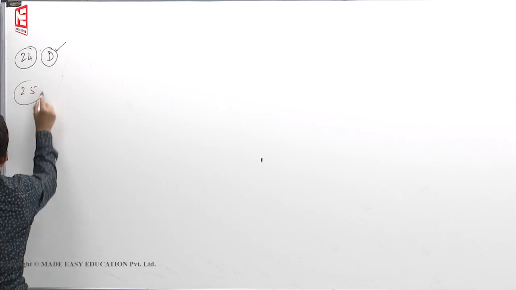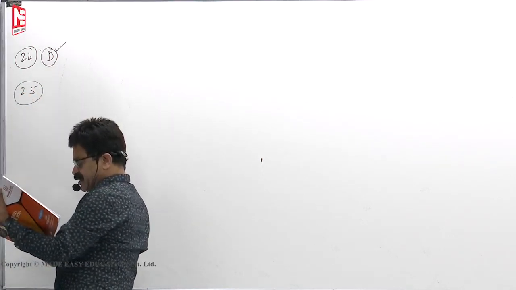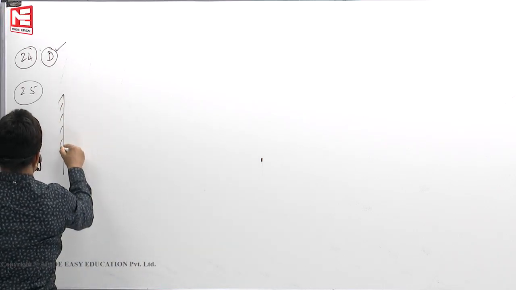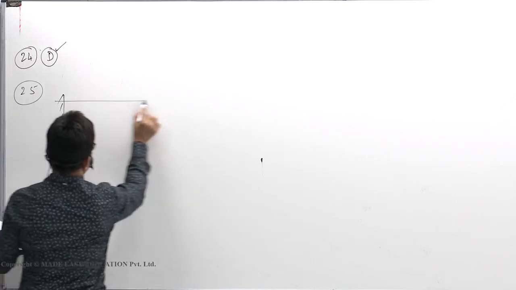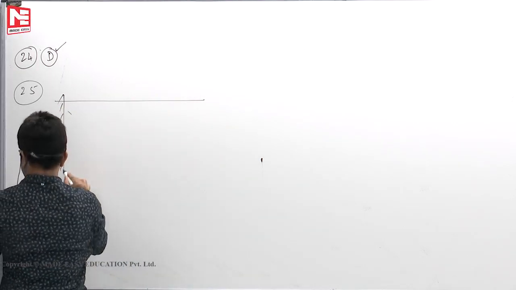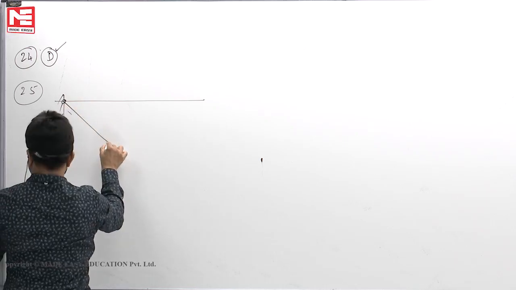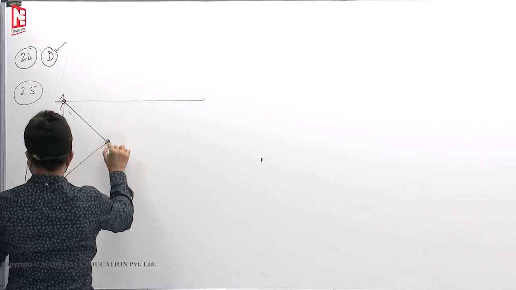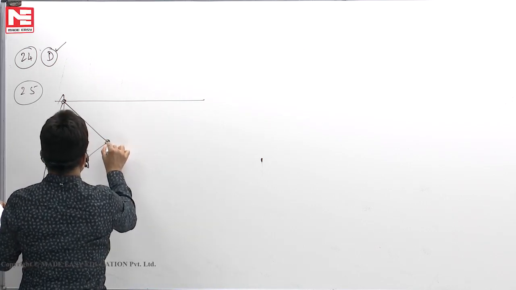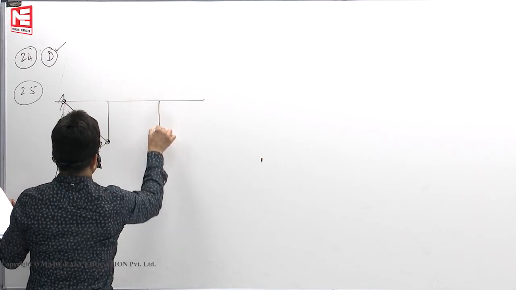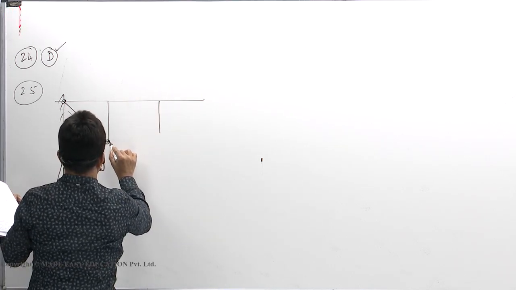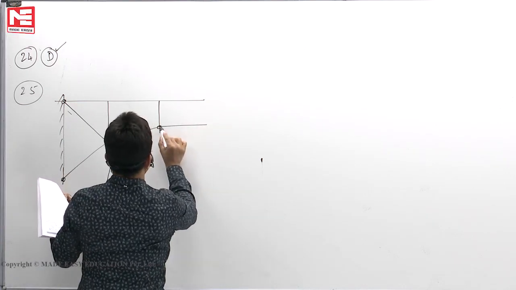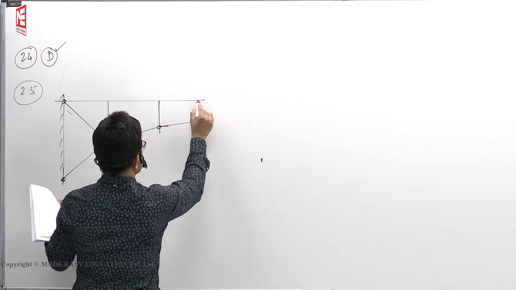Next, 25th. A cantilever pin jointed truss carries one load. This is the truss given. Then one member came like this, one member went this way, slightly less, and comes this way, or slightly up, whatever way they have taken, some slope was there.